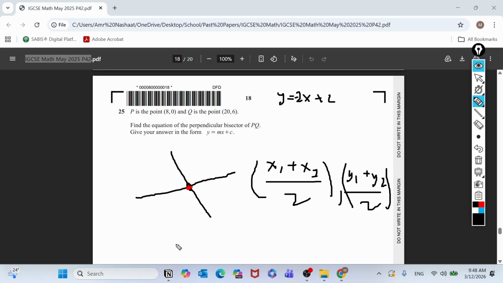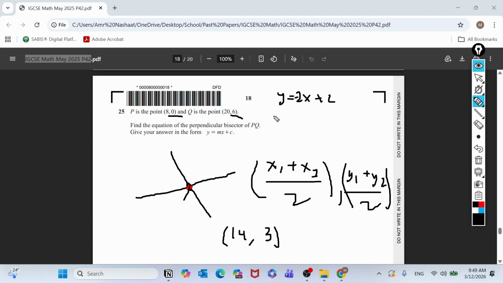So what's x? 8 plus 20 over 2, so 14. And what's y1 plus y2 over 2? 0 plus 6 over 2. So 6 over 2, so 3. So these are the points. That's this point. Okay? 14, 3.